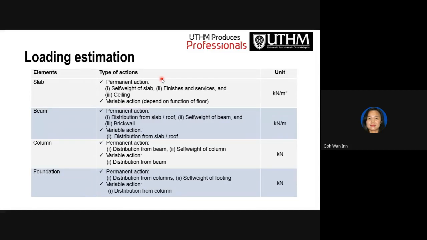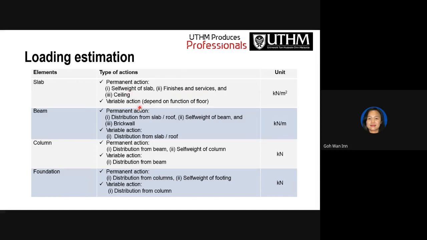First is the self weight of the slab. The load by the slab itself is also a loading. Then finishes and services, such as the tile and so on. And ceiling. Let's say you are on the first floor, so you will have ceiling on the slab.